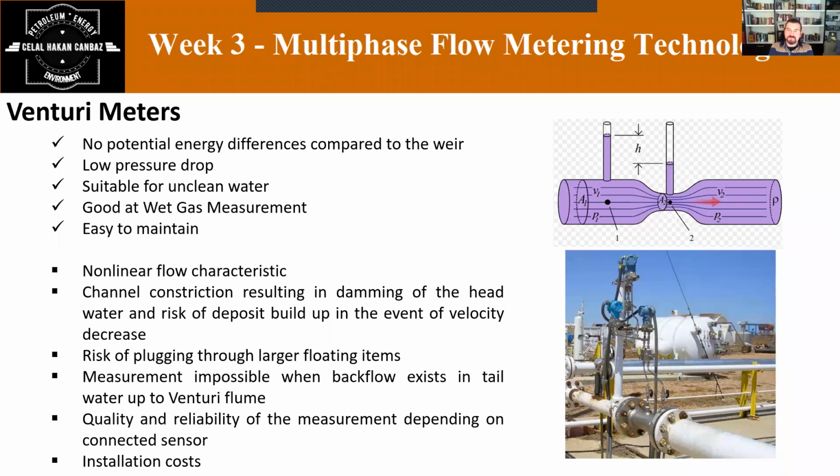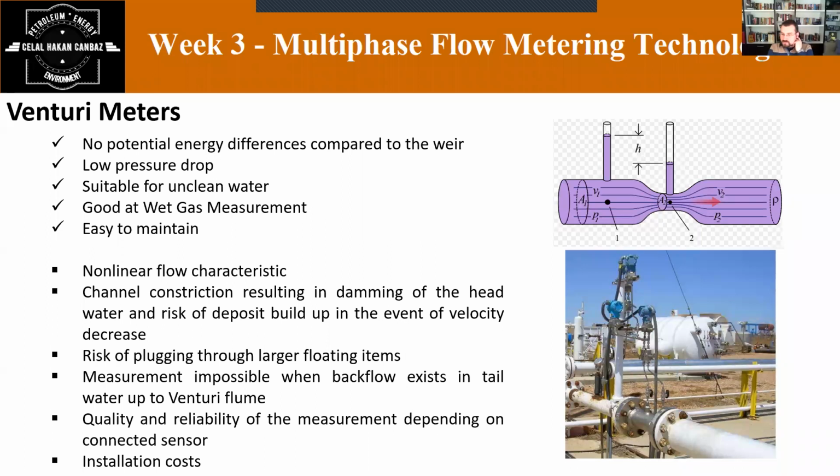Some mid-range companies, for example, use the Venturi section from a different company and put their own pressure sensors, so it creates another problem as well. These tools have installation costs. It's costly, like the Coriolis meter. Its initial costs are actually high. So this applies to venturometers.